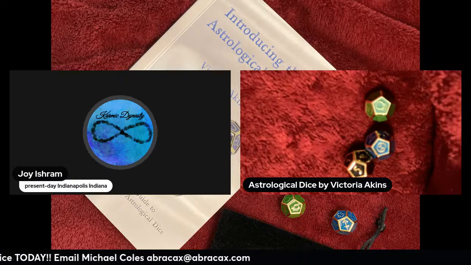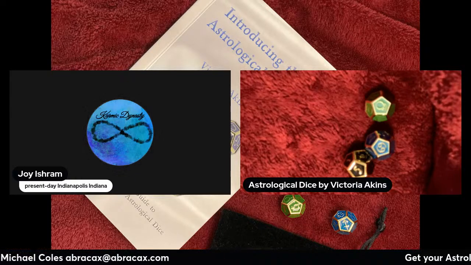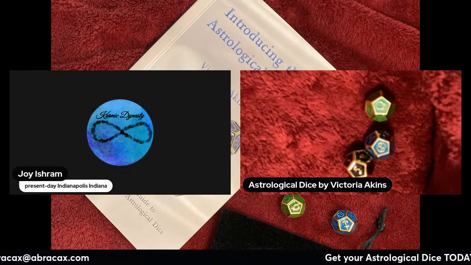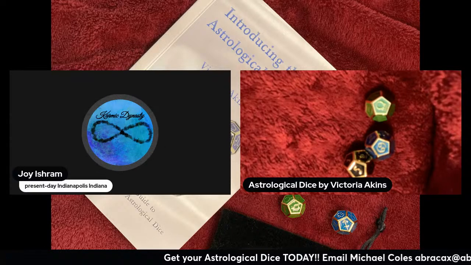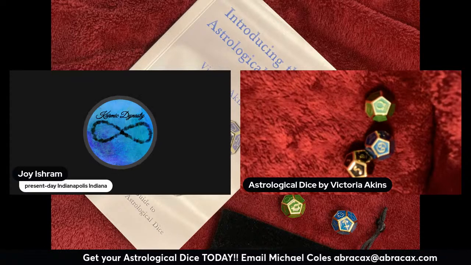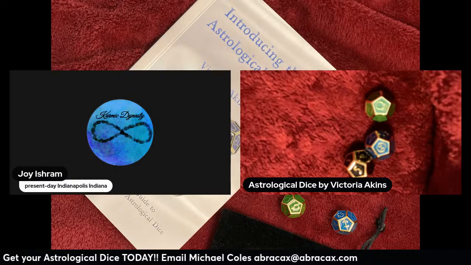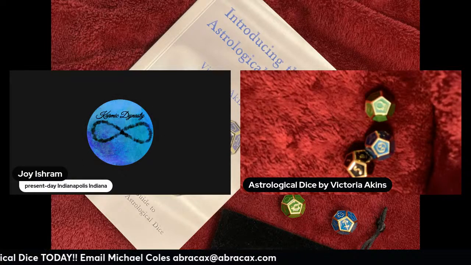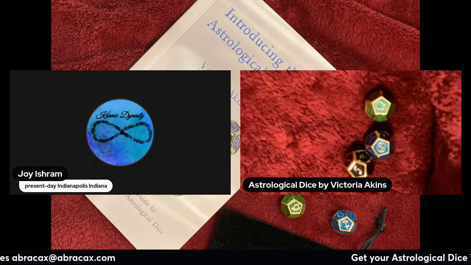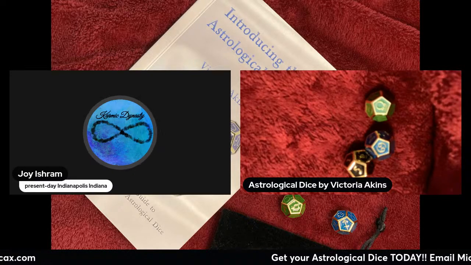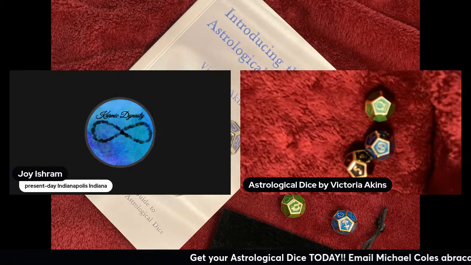Back to the paragraph I've read before, I am now going to read again. While the dice can be interpreted as answering with degrees of positive and negative responses to simple yes or no questions, and simple choices between multiple options, they provide the most interesting responses to complex and open-ended questions.